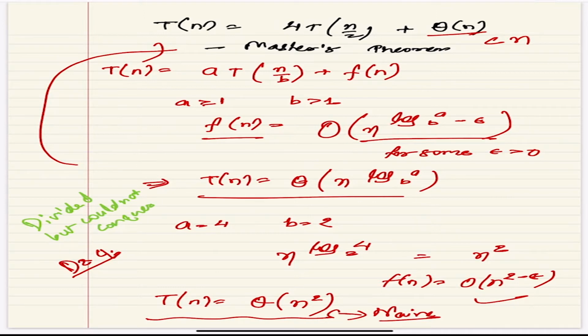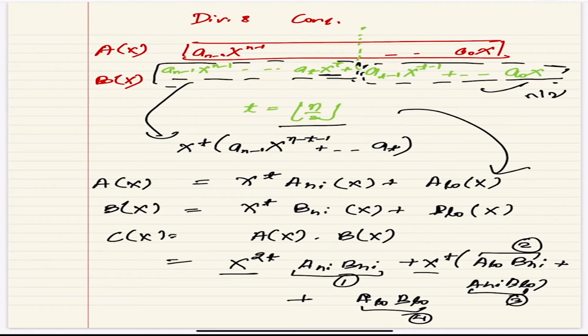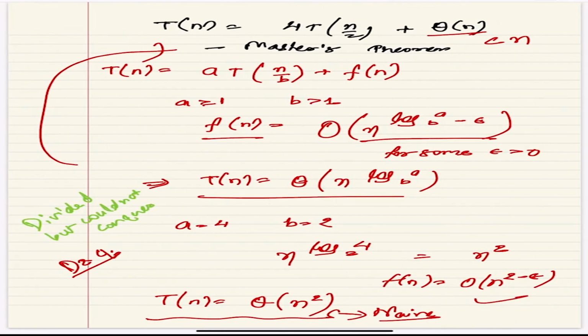Now what is the trick? Okay, let's go back. Now all looked good. I had divided the problem, which gave me 4 subproblems, and this gave me the reconciliation. But if I solve it, I get theta n squared.